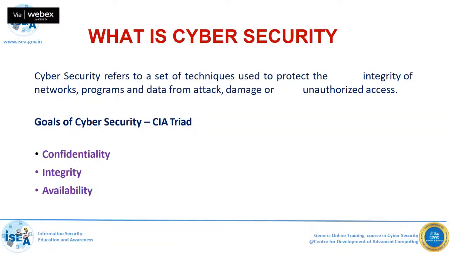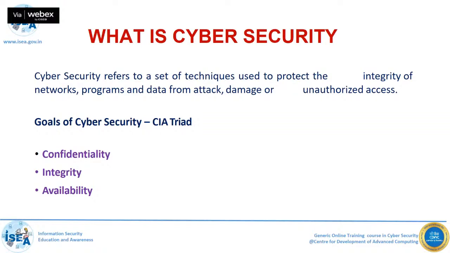So there is no confidentiality in the information, because someone is viewing and modifying it. Confidentiality is very important in the field of information security, which ensures the confidentiality of the data.